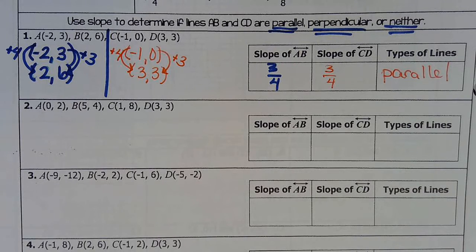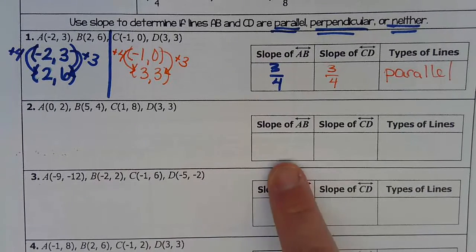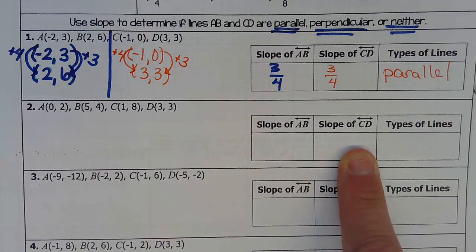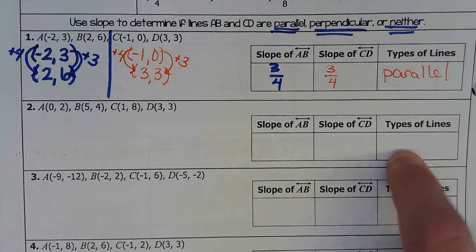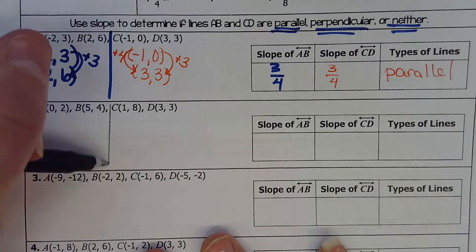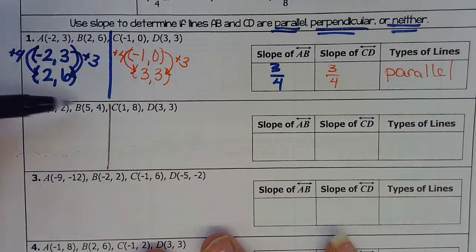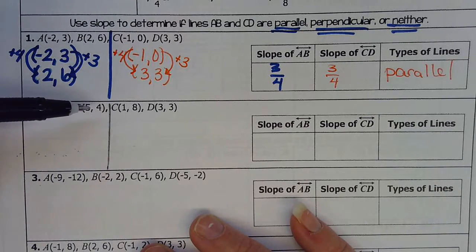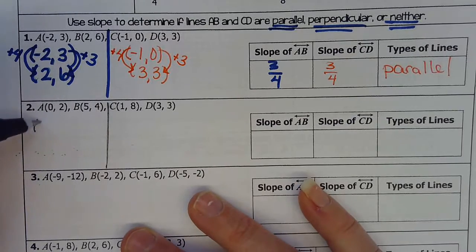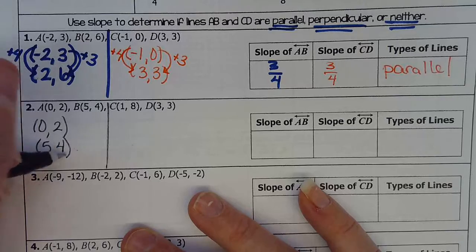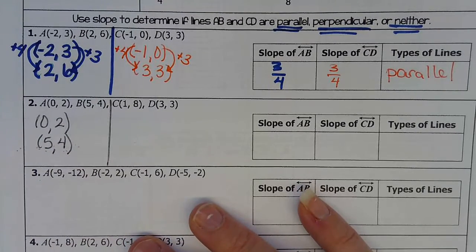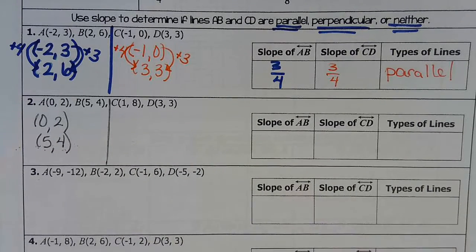We'll do number 2. So for number 2, we're doing the same thing. What's the slope of line AB? What's the slope of line CD? And then figure out what type of lines they are. So I'm going to draw a line between my points. We're going to figure out the slope between A and B. So I'm going to stack my points, and figure out how do I get from one point to the other for Y's and then X's.